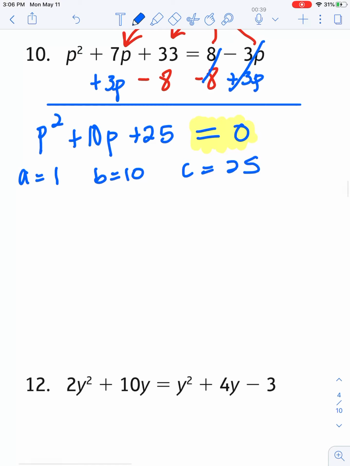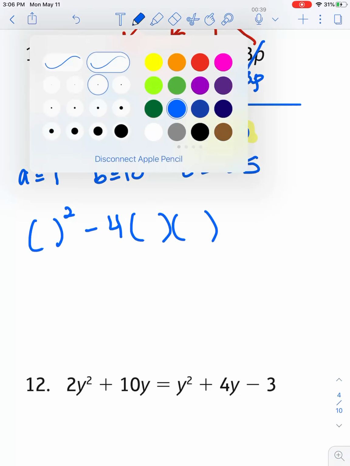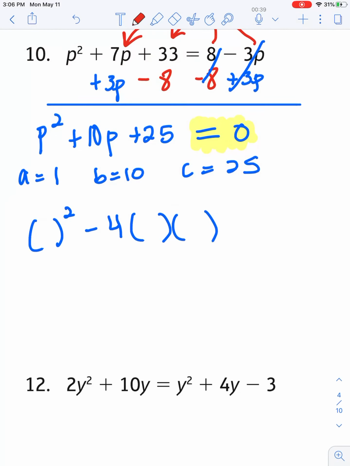All right, so we're going to go B squared minus 4 times A times C. All right, so B is 10, A is 1, and C is 25. All right, so 10 times 10 is 100. Then remember, I like to scoop in all 3. Because there's only one negative, that means it's going to yield a negative.